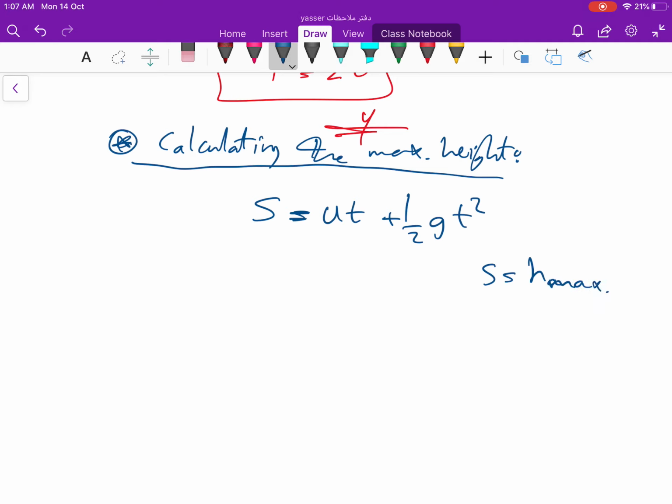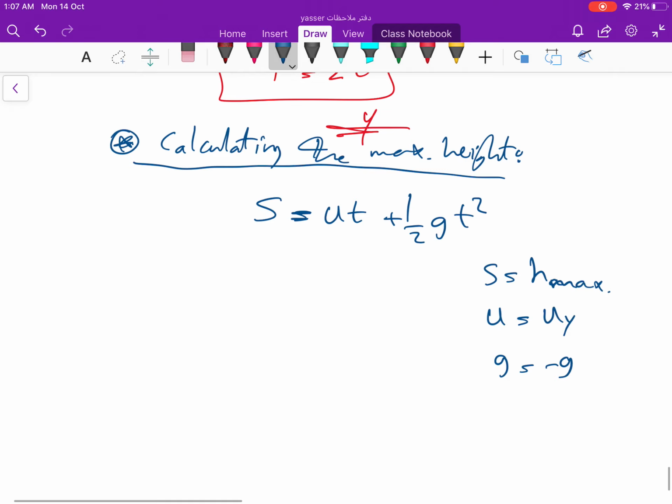U is the initial vertical velocity, so u is equal to uy. T is the time, which we can calculate from before, and g is equal to negative g. So h max is equal to uy times t, and since it's moving upwards, it's not plus, it will be minus half g t squared.